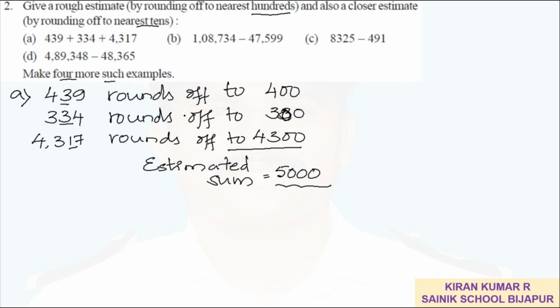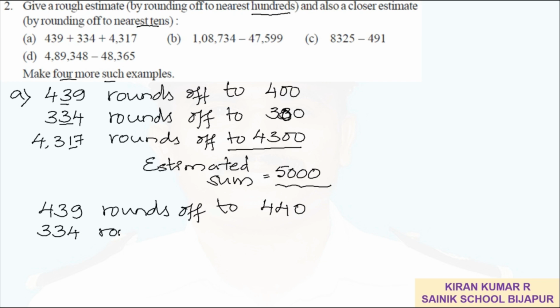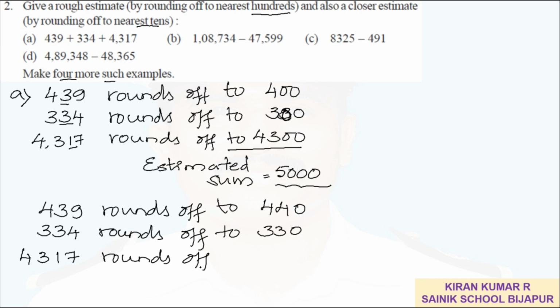Now if the same numbers are rounded off to the nearest tens, this 439 rounds off to 440. 334 rounds off to 330. 4,317 rounds off to 4,320.